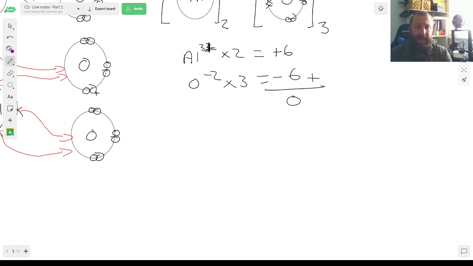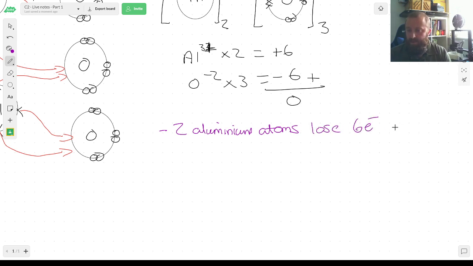So let's write this out as if it was an exam question. So what would I write down? Let's go for 2 aluminium atoms lose 6 electrons to 3 oxygen atoms.